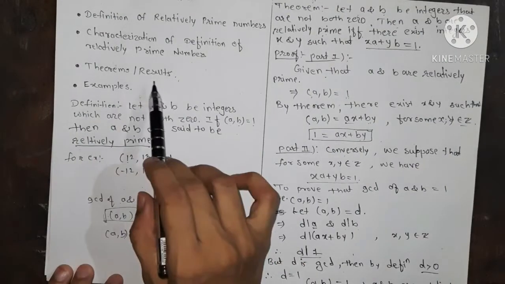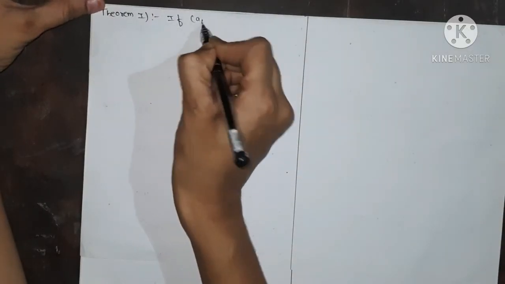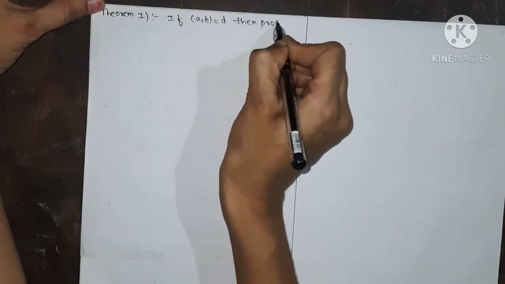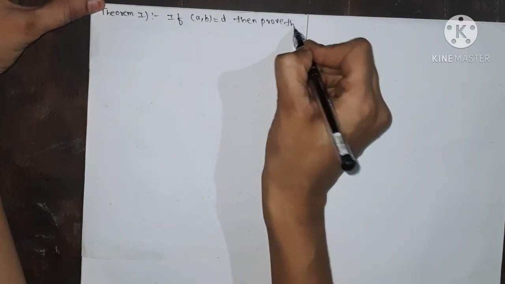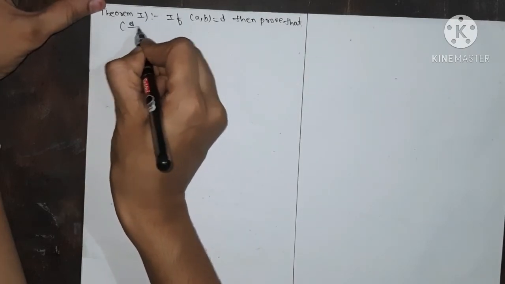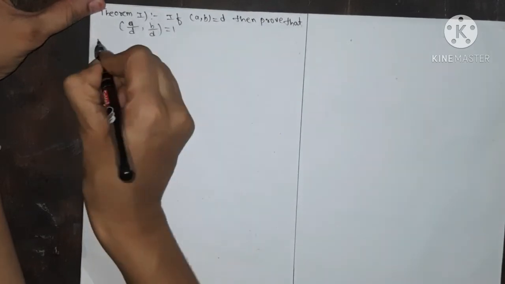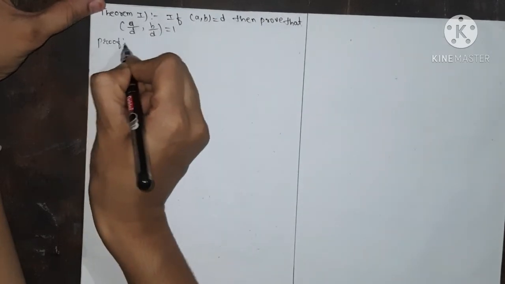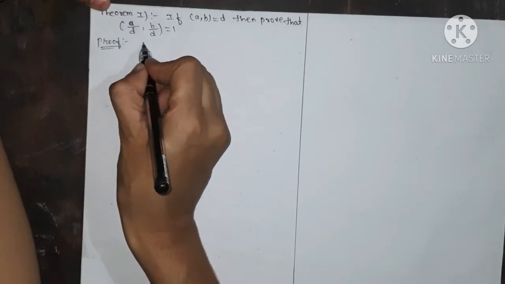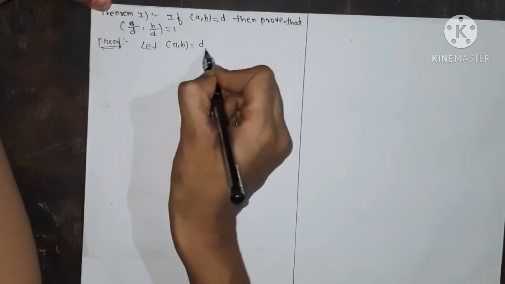Now we see the theorems or results. Theorem 1: if the GCD of a comma b is equal to d, then prove that the GCD of a upon d comma b upon d is equal to 1. So we see the proof here. In the proof, let the GCD of a comma b equal d. This is given here.